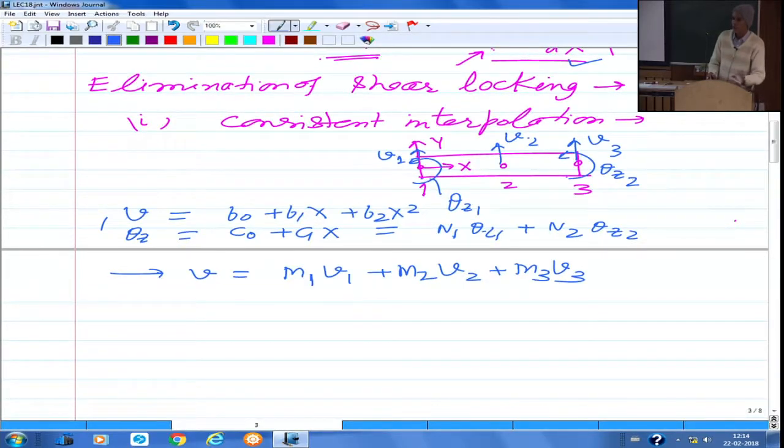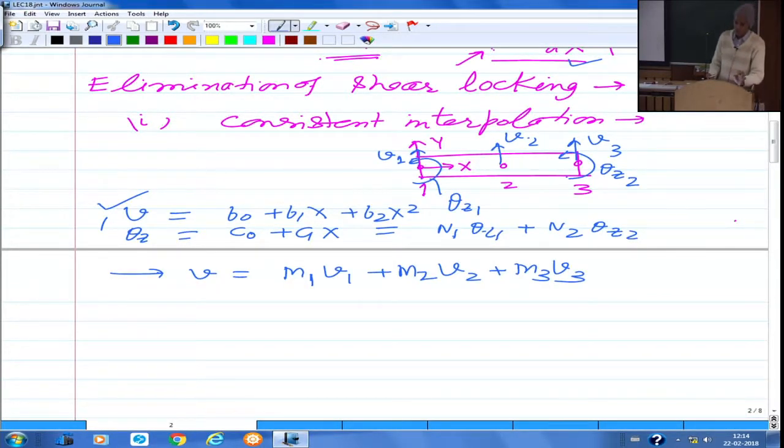Those steps remain the same. I am not repeating those, but you must try it yourself. This is what I had discussed. Again I reiterate: if you want to eliminate shear locking, you have to take V as quadratic and theta z as linear, not vice versa.